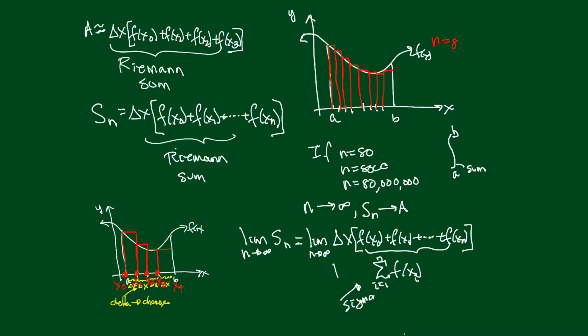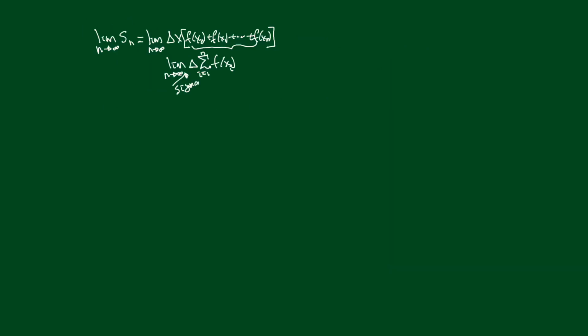So what I'm looking at now is I want the limit as n goes to infinity of delta x times the sum of these f of x's. But now, keep in mind what these are. This is the base times all those heights, right? This is the sum of the areas of those rectangles. But if I put in infinitely many rectangles, I'm now at the exact area.